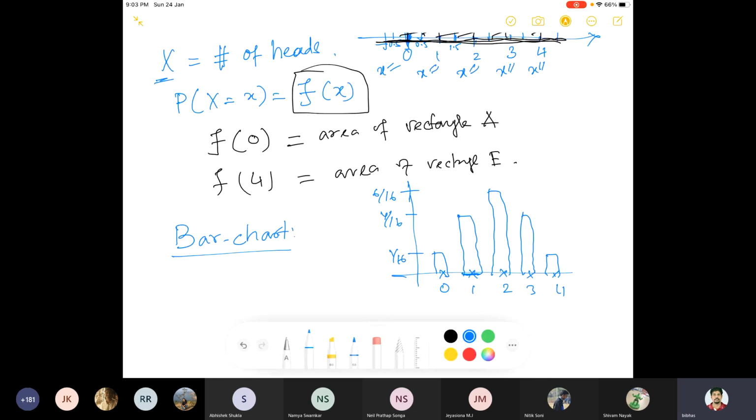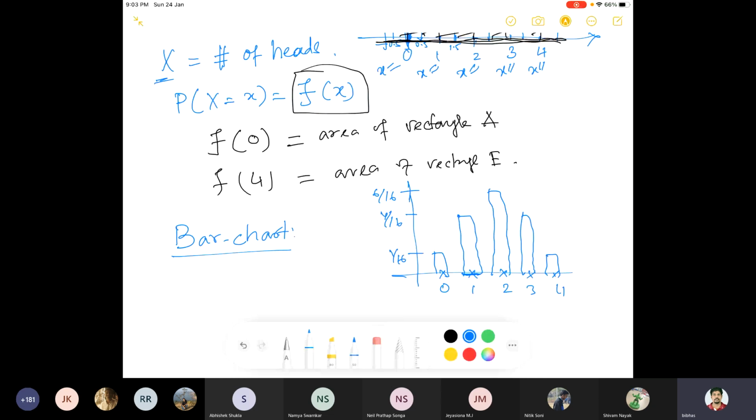There are some sample points where the probability is high and some where it is low. From there, you get a complete picture of the probability of each individual outcome. So this is just for your convenience, to draw and get insights about how it behaves as an entire function.